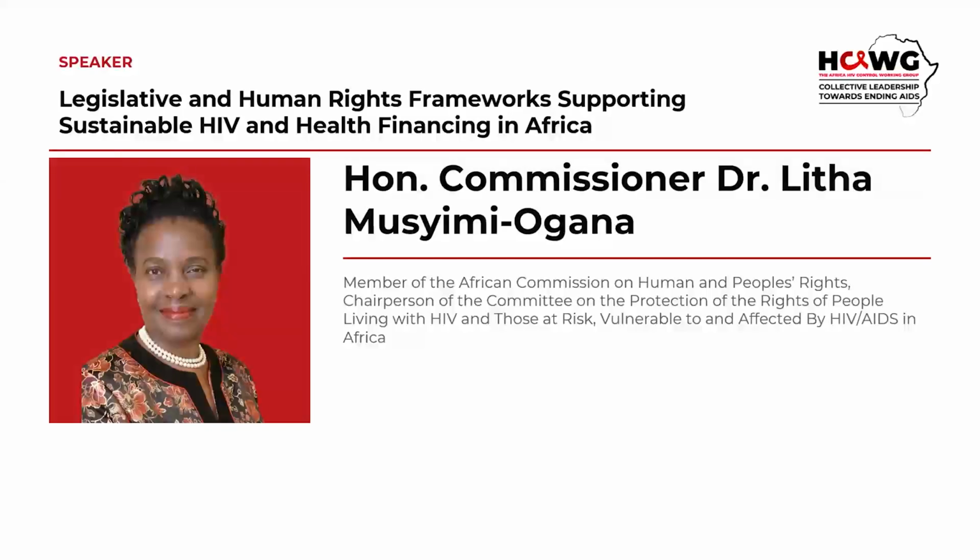This was a landmark resolution by the African Commission on Human and Peoples' Rights, and it called on member states to, one, allocate adequate national resources, two, eliminate discrimination against people living with HIV and AIDS, three, ensure access to affordable treatment, four, protect vulnerable populations, and fifth, integrate human rights into the HIV/AIDS response.